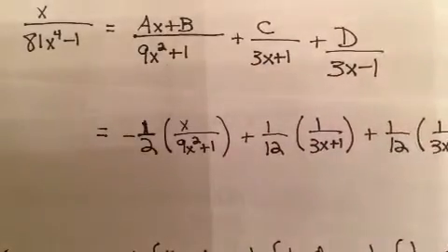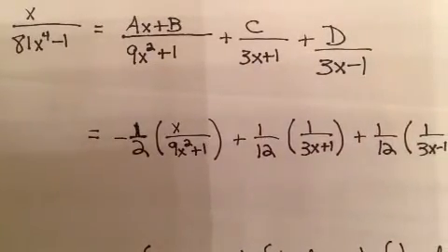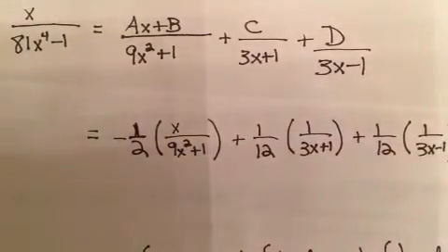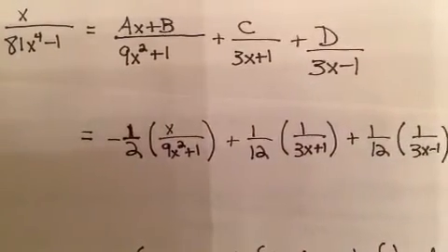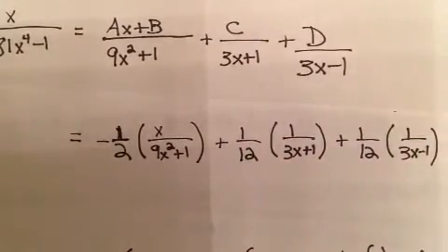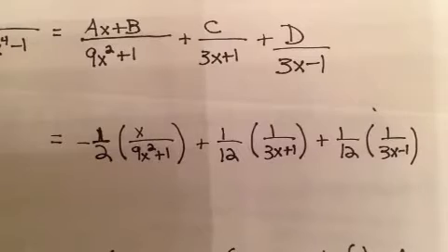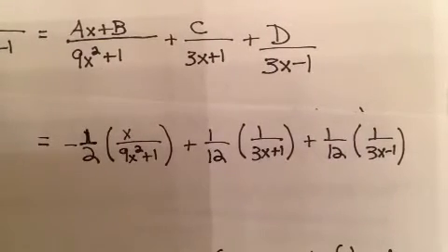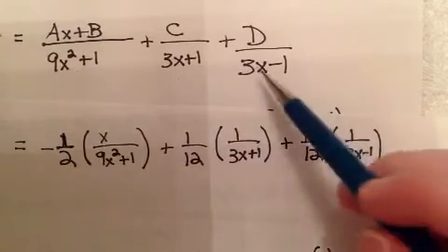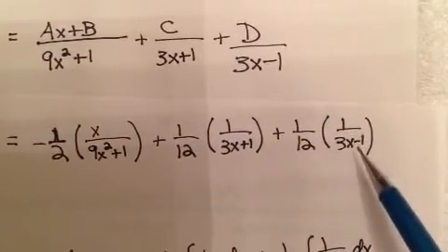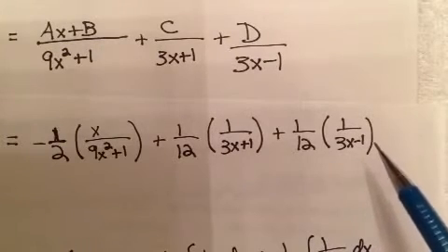Again, B is going to be negligible, and A is at negative 1/2, so you have negative 1/2 of x over 9x squared plus 1. Then C was at 1/12, so we're looking at 1/12 of 1 over 3x plus 1. And then D is going to be at 1/12 over 3x minus 1, or 1/12 times the quantity of 1 over 3x minus 1.